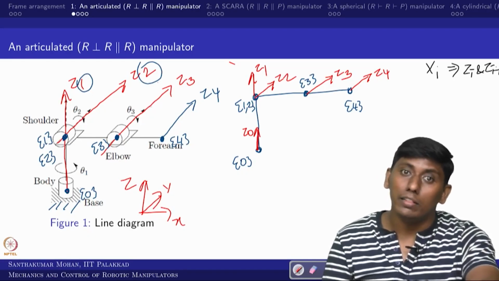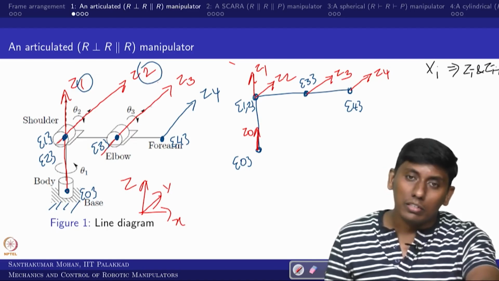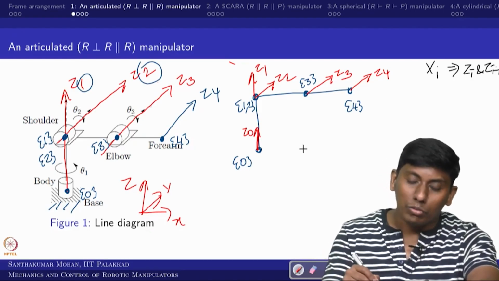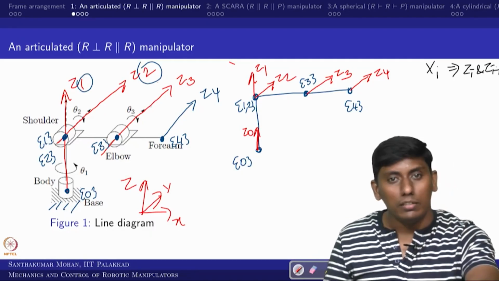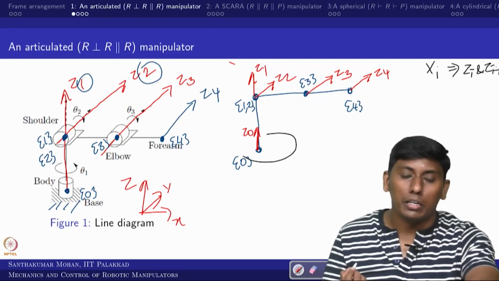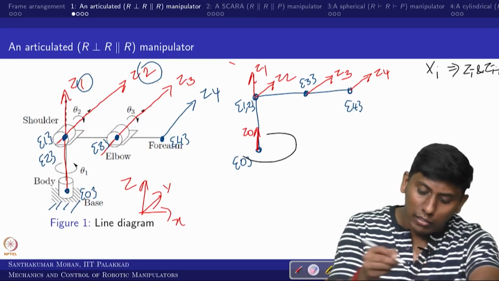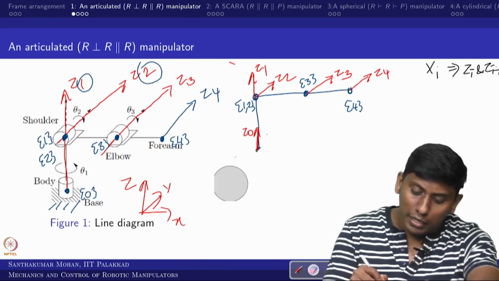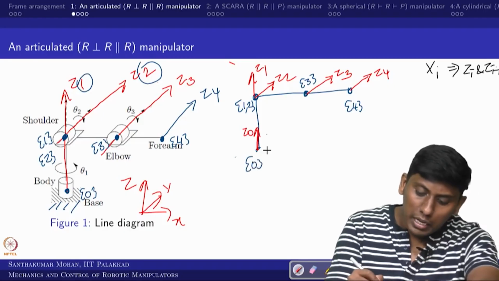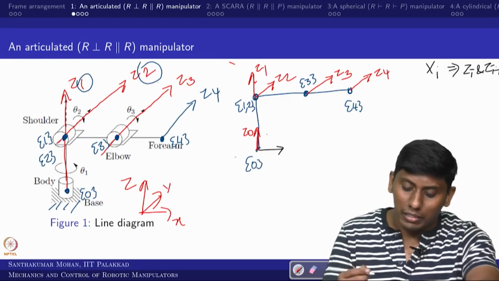These two are parallel, and in the same line. In that sense you can take X0 anywhere, orthogonal to Z0, in this plane anywhere you can take. I am taking a very simple idea, what we used to do conventionally.